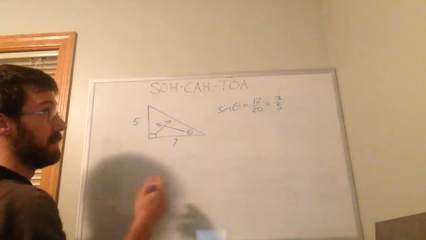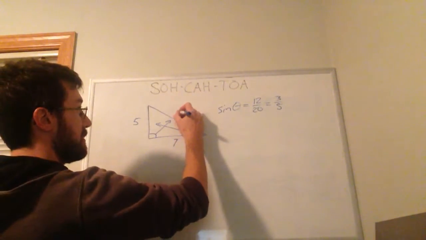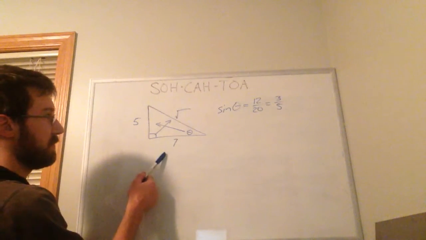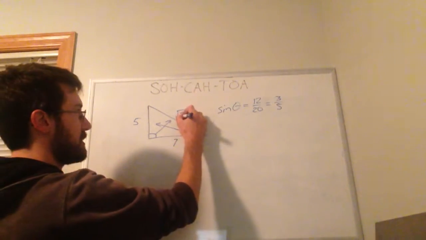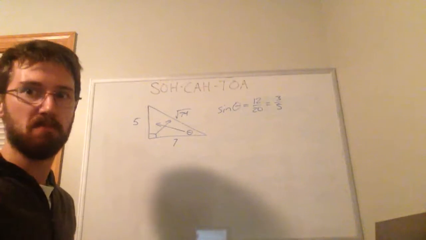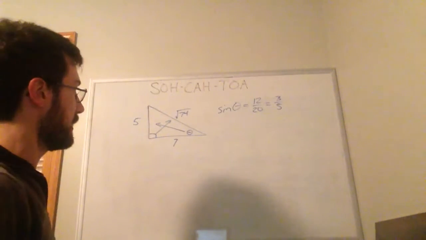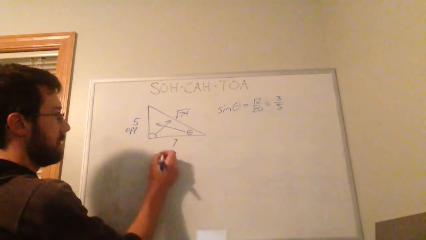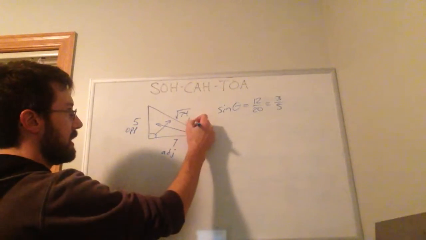So then the hypotenuse ends up being the square root of 25 plus 49, which is 74. Something weird like that. Okay? Totally possible that you could get something like this. 5, 7, square root of 74. There's my opposite, there's my adjacent, and here's my hypotenuse.